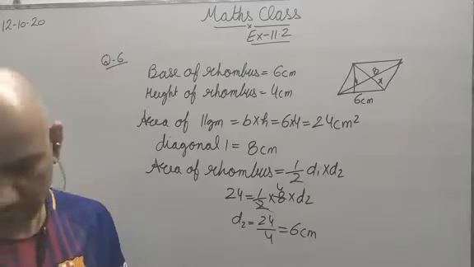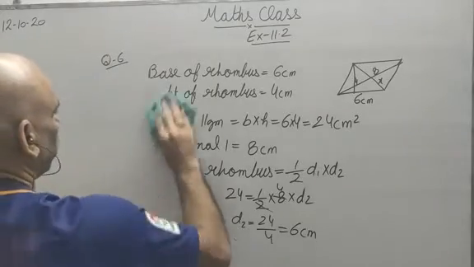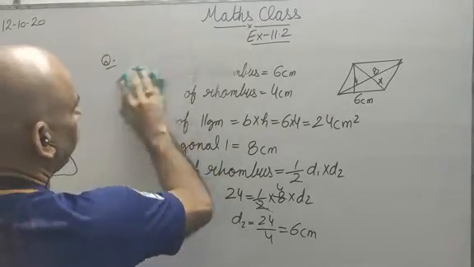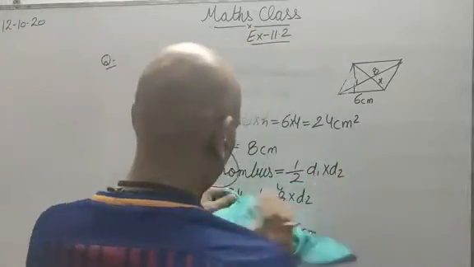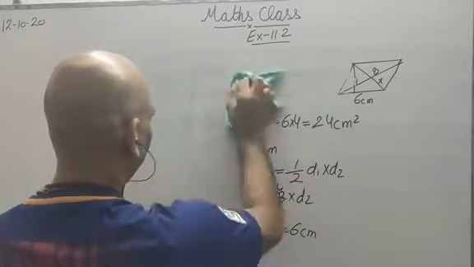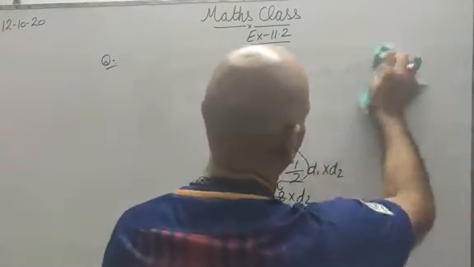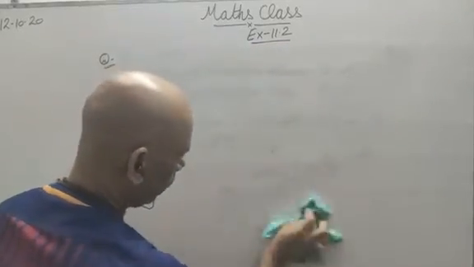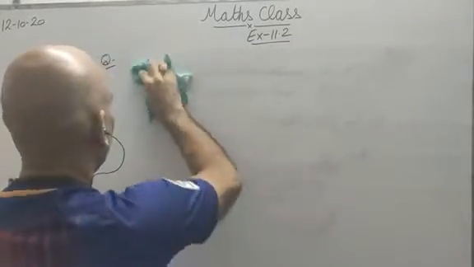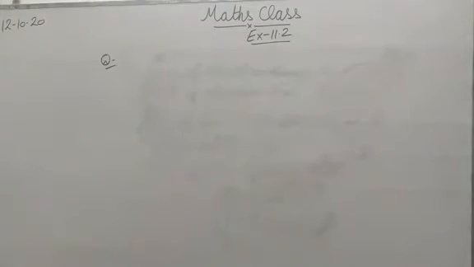Read out question number 7 for me. In question number 7, he is saying the floor of a building consists of 3000 tiles which are rhombus shaped. Its diagonals are 45 centimeter and 30 centimeter.